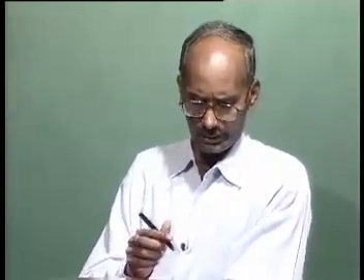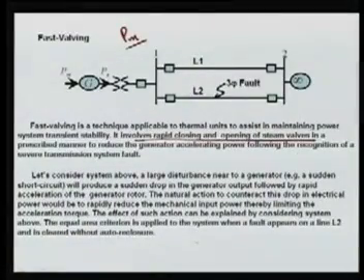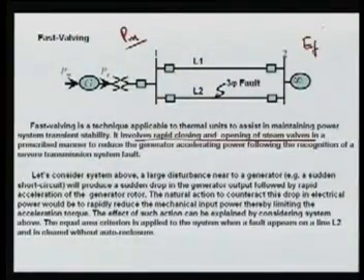So let us see the impact of the fast valving action. In the previous 3 slides and 3 cases for improving the transient stability, we saw that we can improve the transient stability by changing EF, or you can say E prime, and by changing your XC, meaning you can put this XC in the system, and we can improve the transient stability of the system.